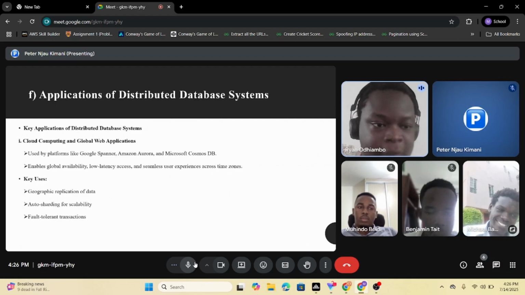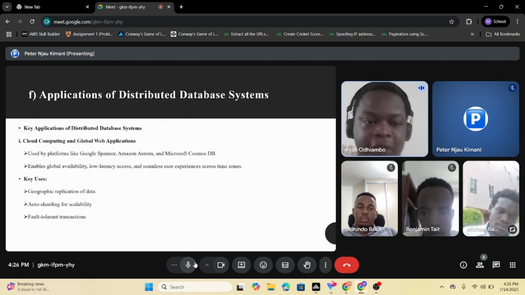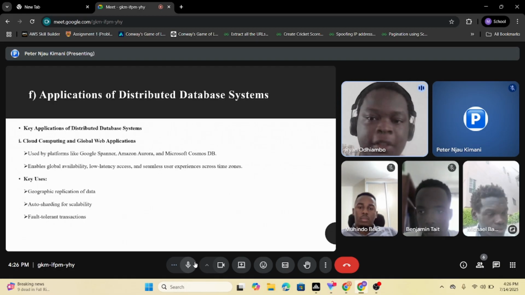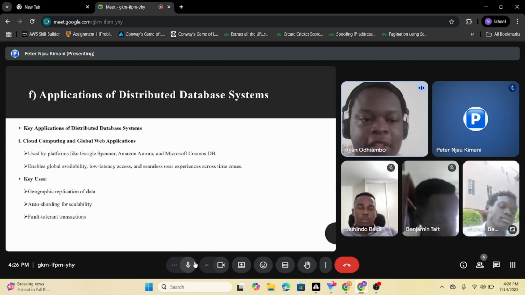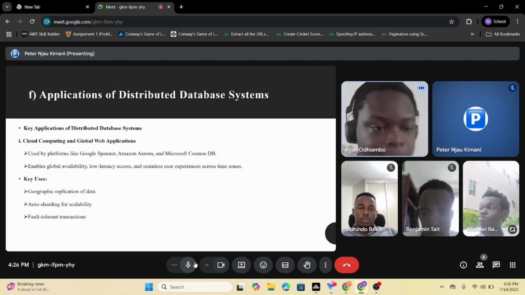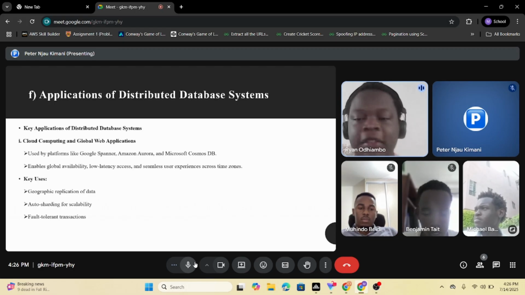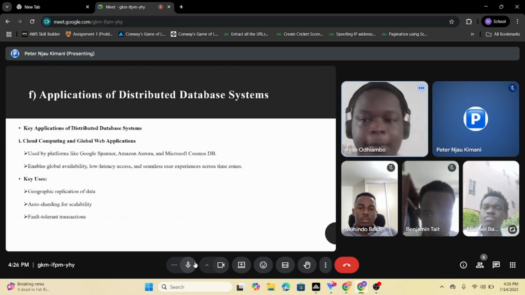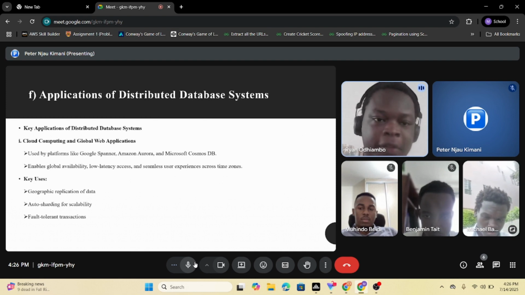We also have auto-sharding for scalability, in that these systems are able to scale over large areas. And we also have fault-tolerant transactions, in which when one area of the cloud fails, it doesn't affect all the other areas as well. So next slide.